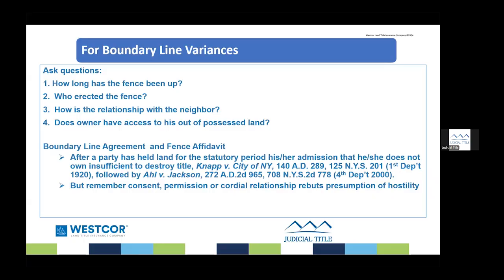Again, 2015 case, Warren versus Karras, in the Second Department, title granted to an adverse possessor because he erected the fence. Hostile, open, notorious, for a period of 10 years with a substantial enclosure. What's a substantial enclosure? Again, issues of fact.